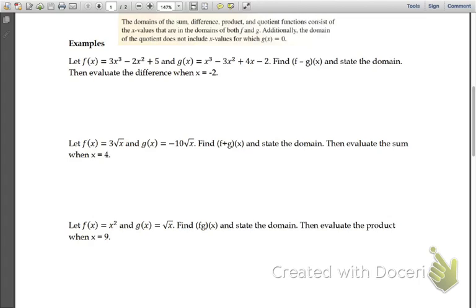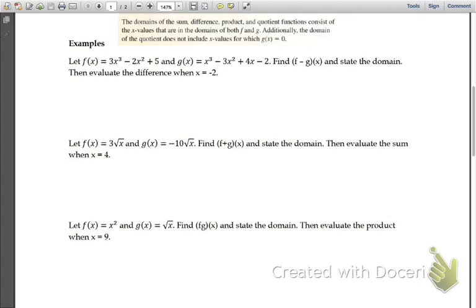So if it says, let f of x equal 3x to the third minus 2x squared plus 5, and g of x is equal to x minus 3x squared plus 4x minus 2. Find f minus g, then state the domain, and then evaluate the difference when x is equal to negative 2. So you have to do three things.